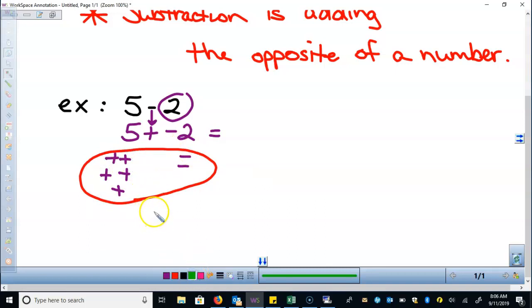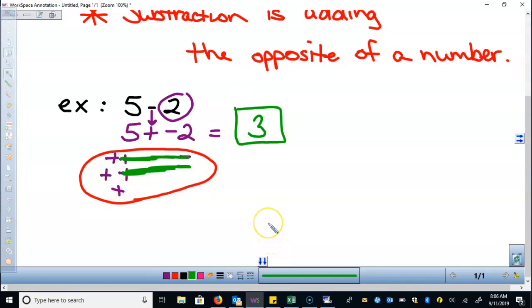How many 0 pairs do you see? 2. 1 positive, 1 negative. That equals 0. So those are 0. What is our answer? 3. And there's 3 positives. So the answer is positive 3. We already knew that because it's just 5 minus 2.